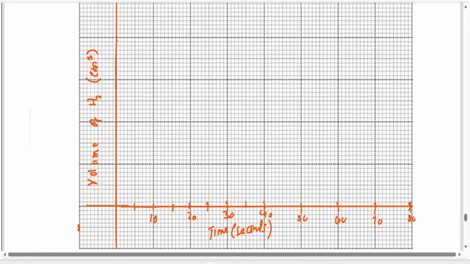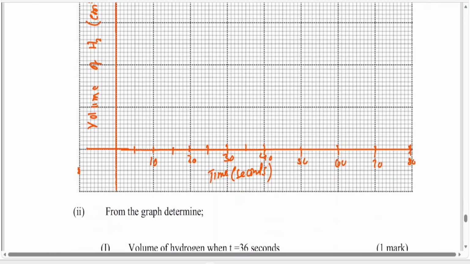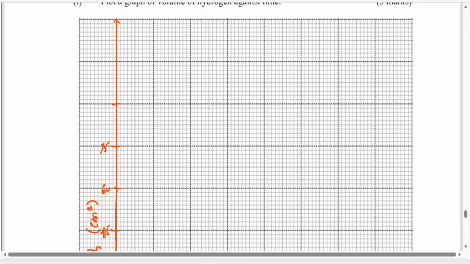So if I choose 15, this becomes 15, 30, 45, 60, 75, 90, then we have 105, then I have 120.